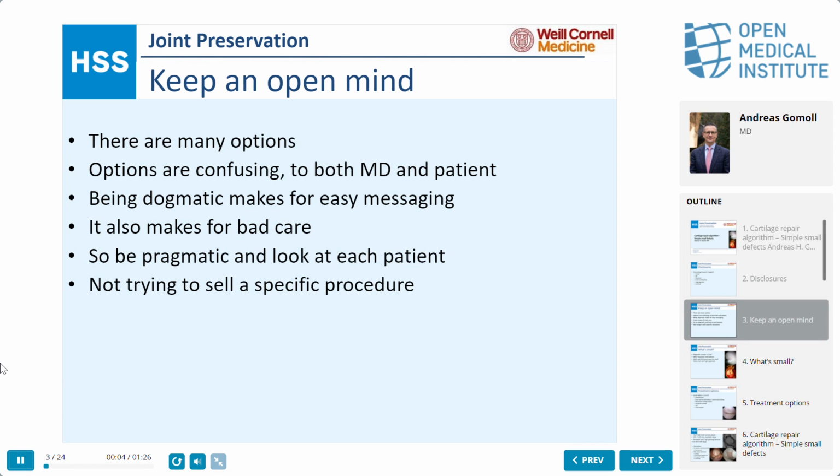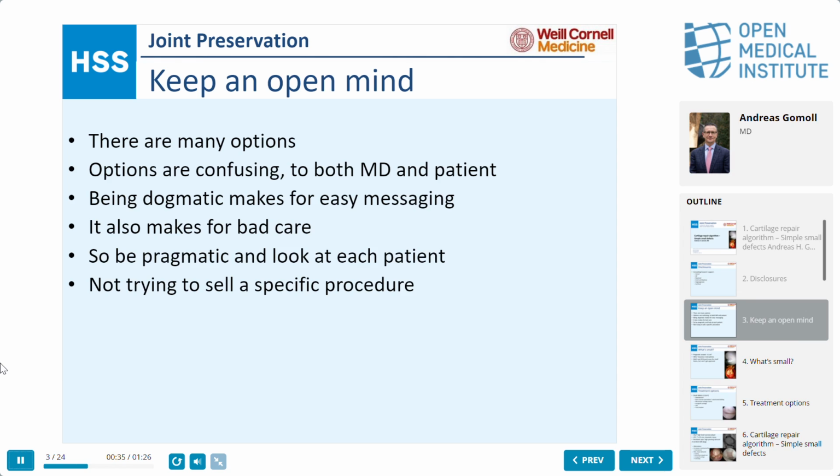I think the most important thing with cartilage repair, as with many other things that you do, yesterday we talked, for example, about graft choices for ACL, and at least in the US, people tend to be very dogmatic. So a lot of people stand on a podium and say, you must do this, you must never do that. There's really, I think, no place for that in medicine, because sometimes you will see someone who goes against the grain and maybe you want to do this, but for whatever reason you have to do something else.